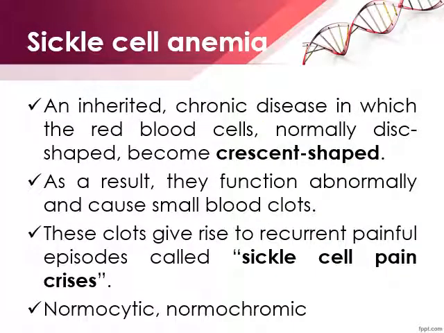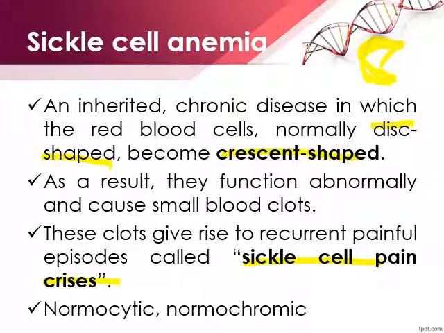We also have sickle cell anemia. It is an inherited chronic disease in which red blood cells, normally dish-shaped, become crescent-shaped with sickle cell anemia. Like that. They function abnormally and cause small blood clots. So the clots give rise to recurrent painful episodes called the sickle cell pain crisis.